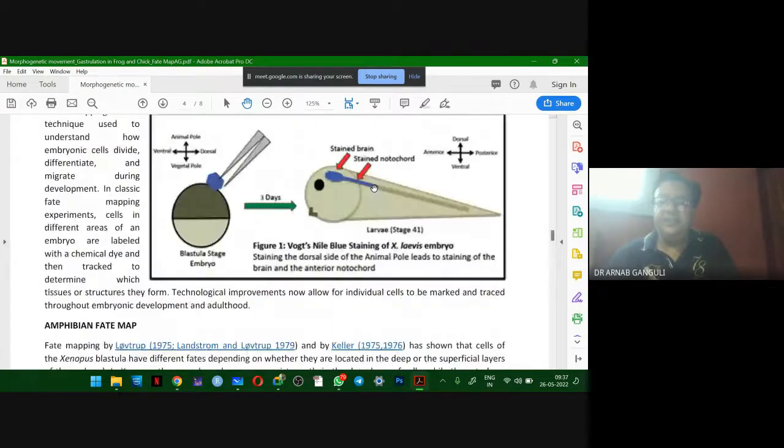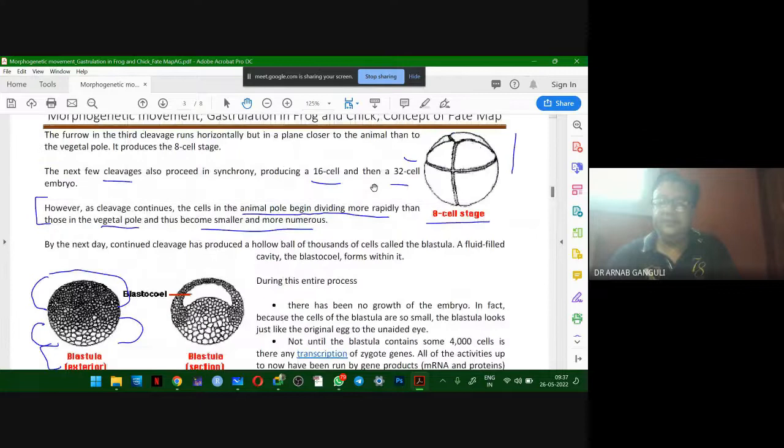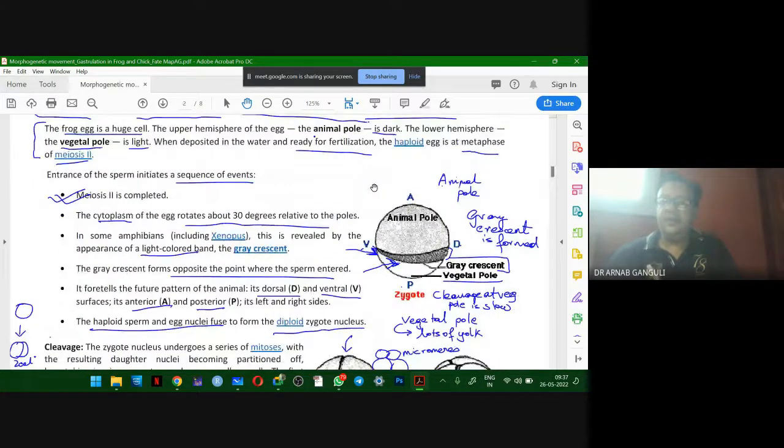If you see this picture, this is the dorsal side, D. So the gastrulation is initiating somewhere here, on the blastula.